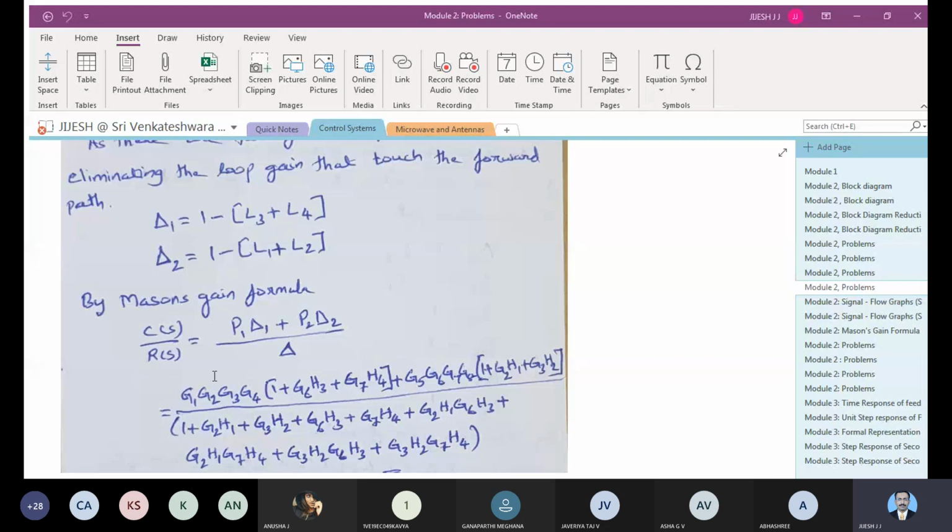Once we split the summing points, one block became parallel, another block became feedback. So that also we completed, combining the blocks in parallel and the blocks in feedback. So once you do it, you will complete this.